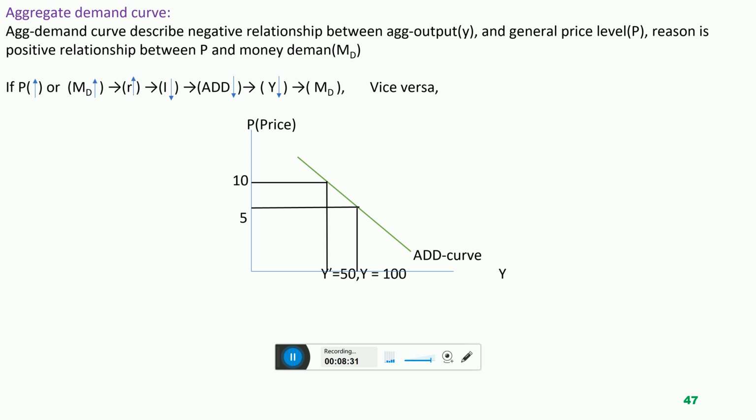When the price increases, things get expensive, labor gets expensive, capital gets expensive, rent increases, interest increases. That is why demand for money increases to finance routine transactions. Money demand increases. When money demand increases, to stop this money demand, bank will increase interest rate.